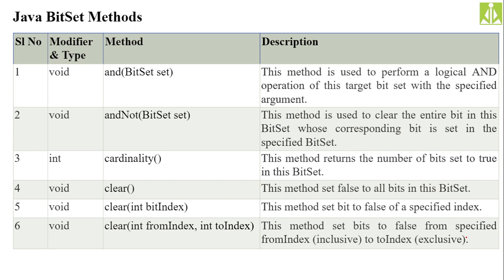After that, remember the declaration, I mean how this class is declared inside your java.util package: public class BitSet extends Object implements Serializable, Cloneable. This is the declaration of the BitSet class.